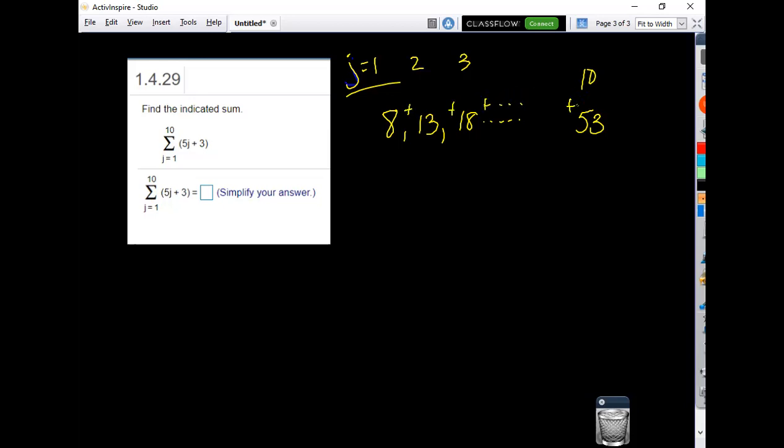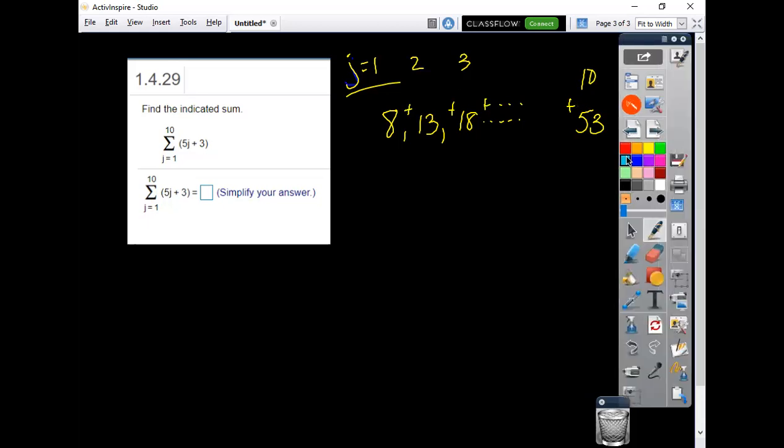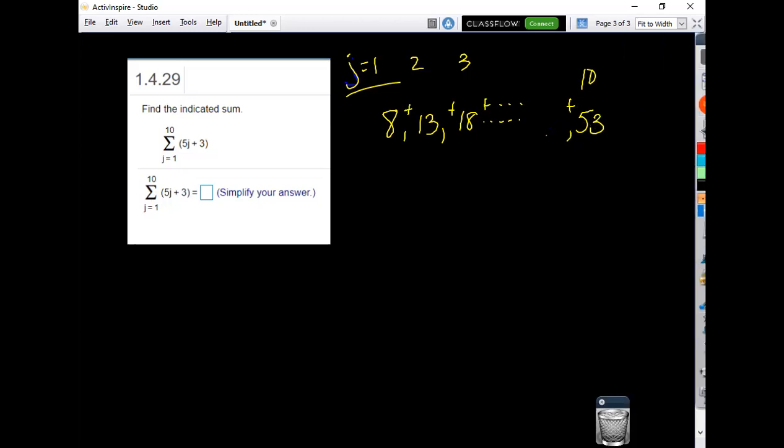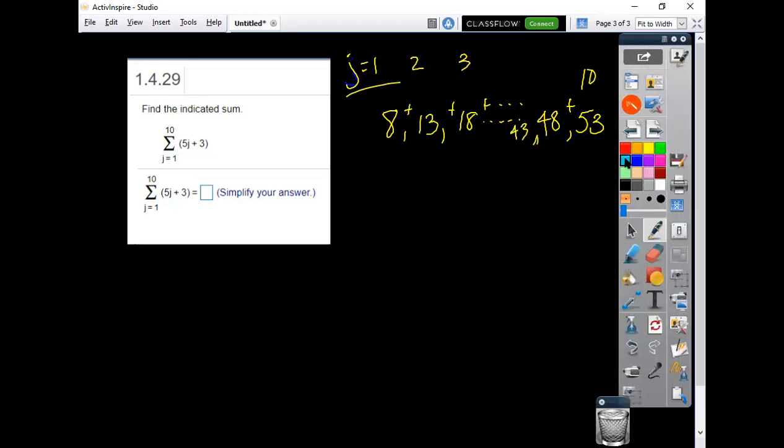Do you remember that formula we worked on? Maybe let's add one more in front of here. We're going by 5s, so 48 would be here, and if we did another one, 43. Do you remember when we developed this last week?